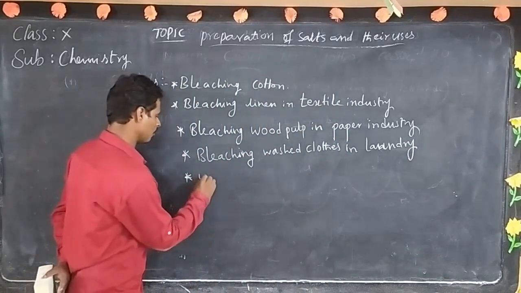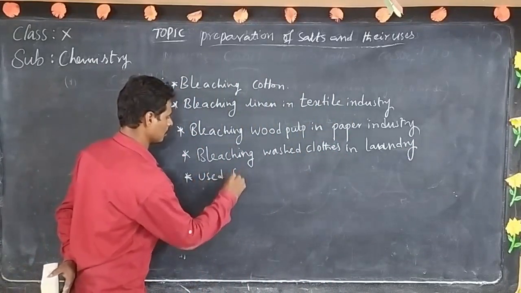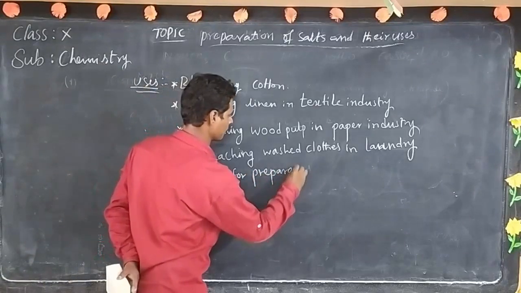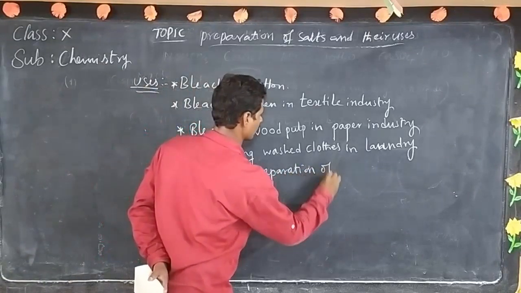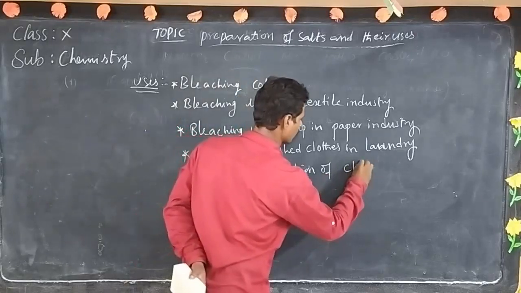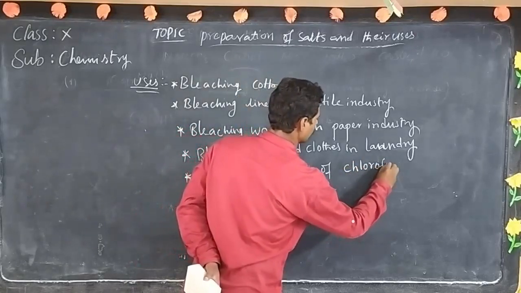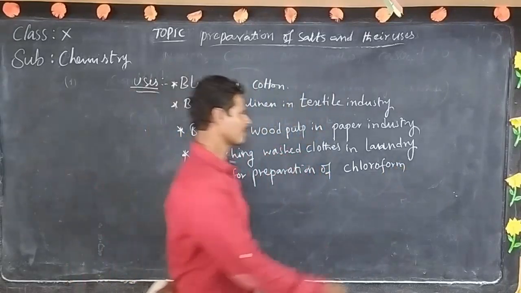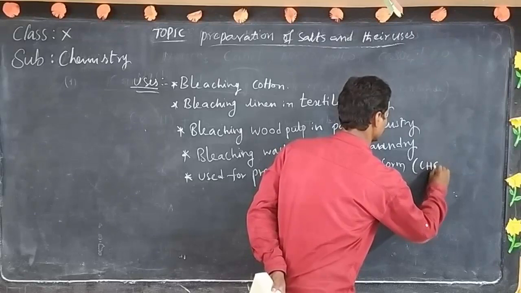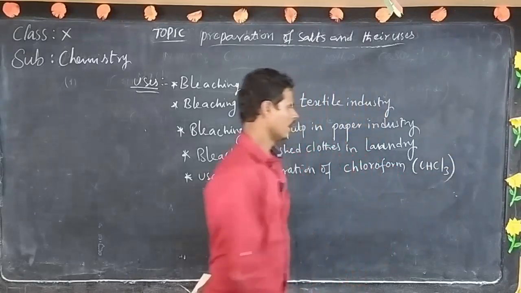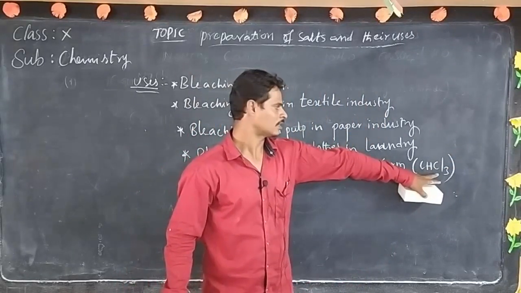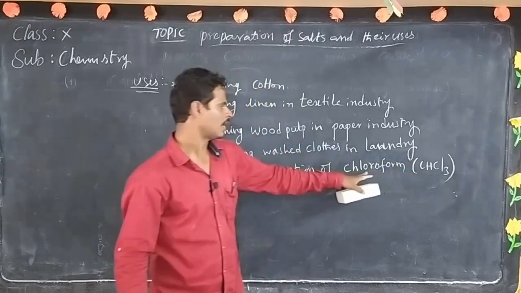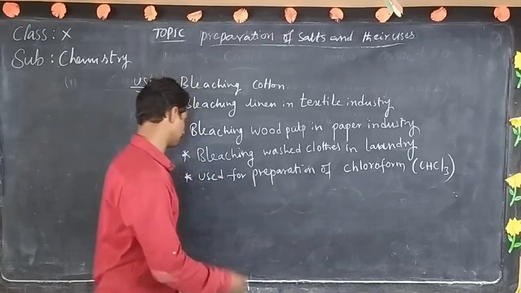Next, it is used for preparation of chloroform. What is the formula of chloroform? CHCl3. This is called trichloromethane. It is called chloroform.